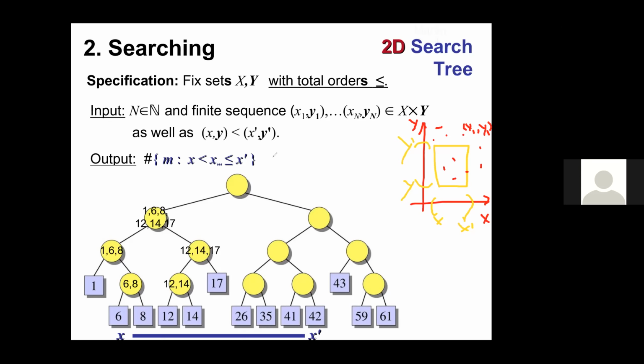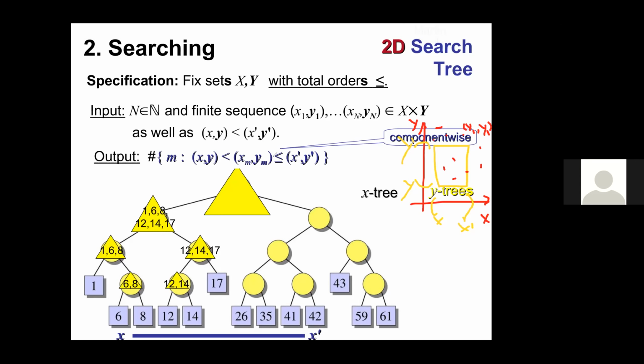So this is a two-dimensional range counting, and now you can accomplish this by generalizing this tree structure. It's like you have a tree of trees.